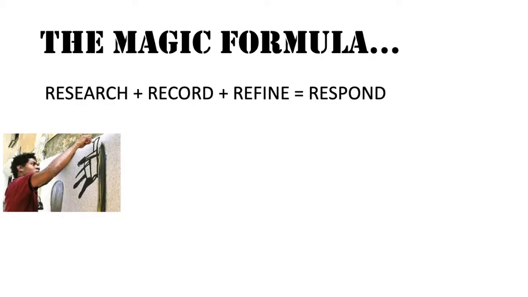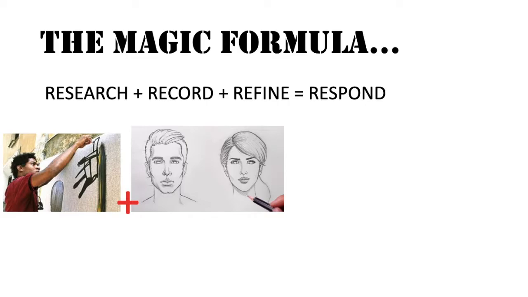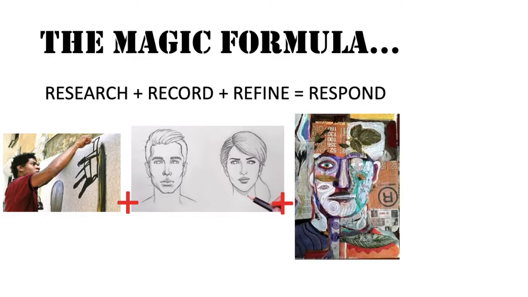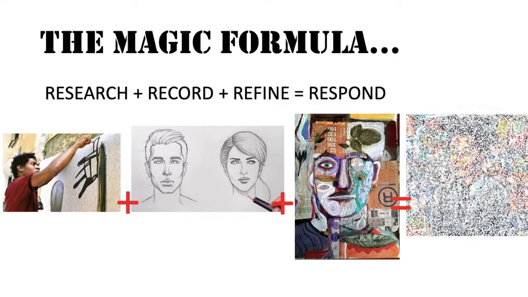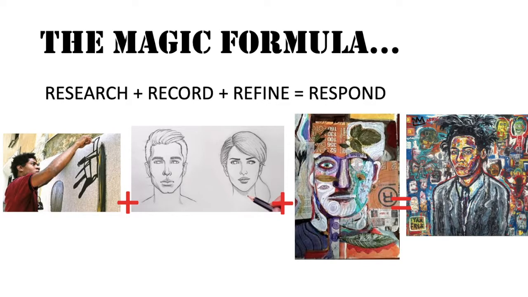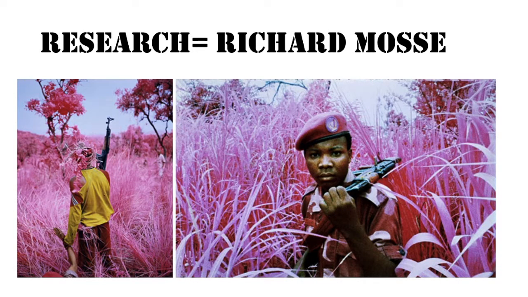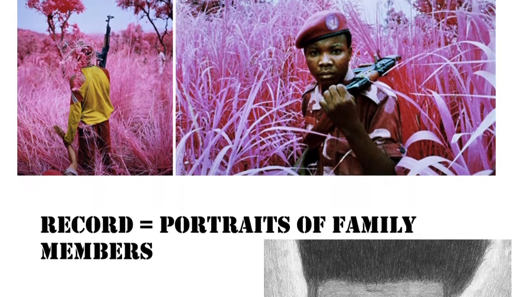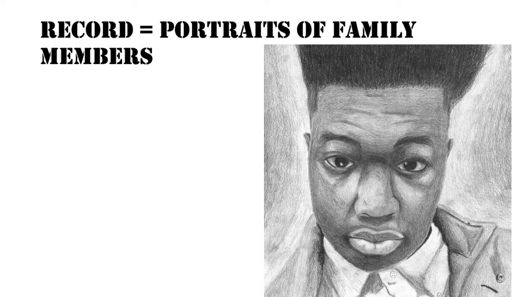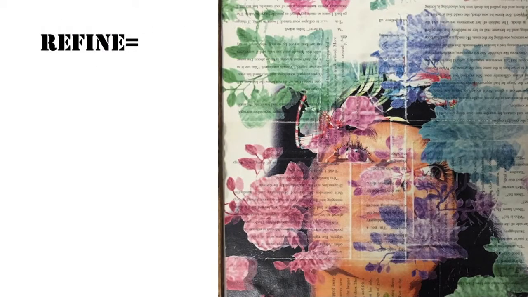Think of your research as your artist, your recording as your drawing, your refinement as experimenting with materials, and your response as your final piece. Let's have a look at an example here. This student is looking at Richard Moss as their artist that they're researching. They're recording portraits of family members, and then their refinement is layering different technical digital artworks with drawn elements onto a range of different types of paper.